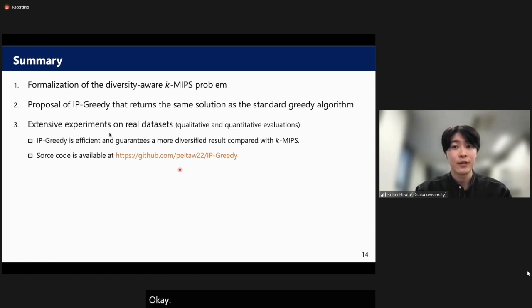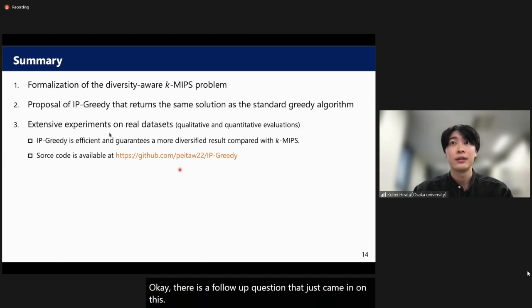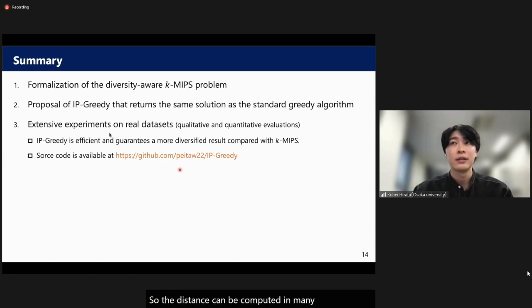There is a follow-up question that just came in on this. The distance can be computed in many ways. Why didn't you compare other distance definitions?